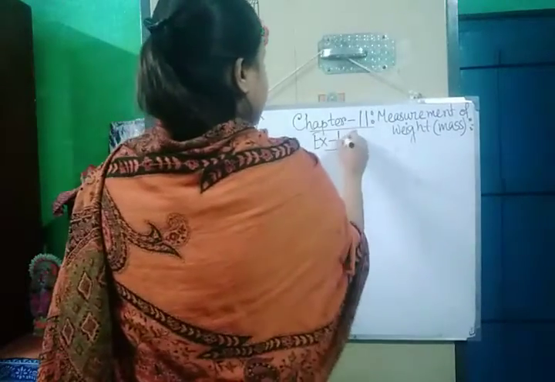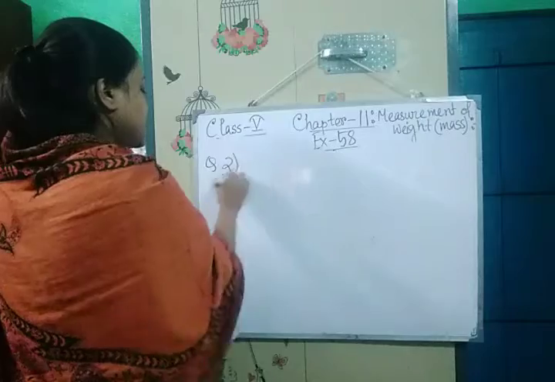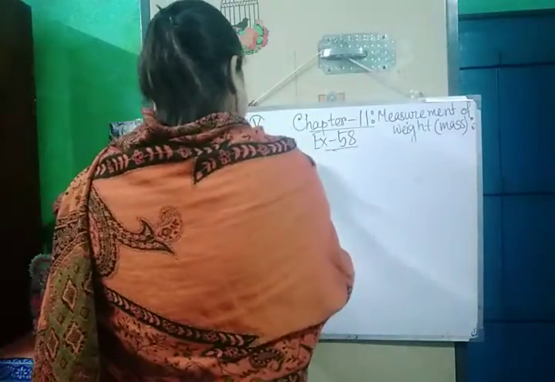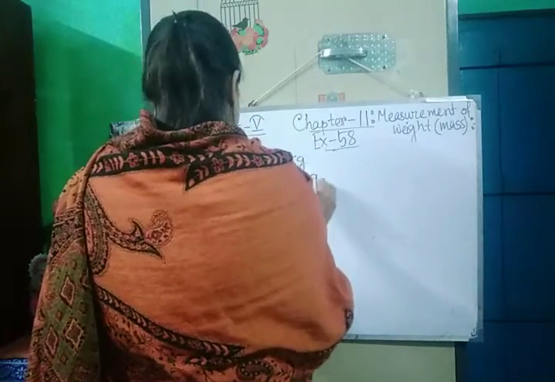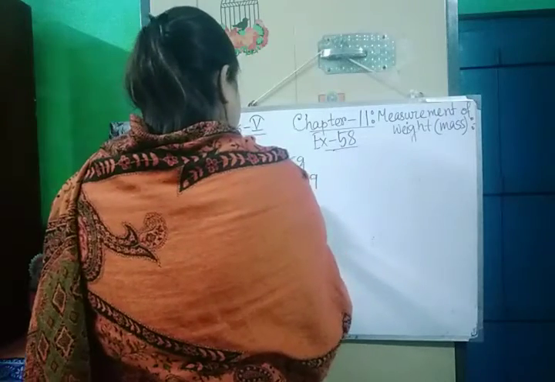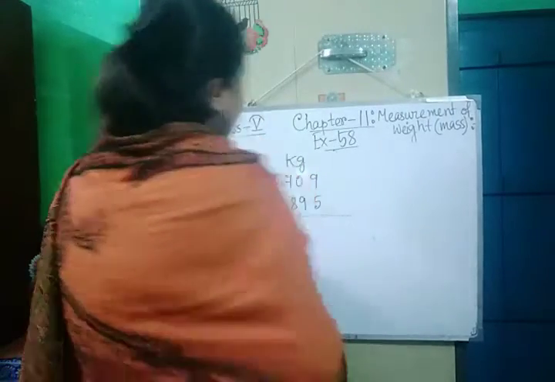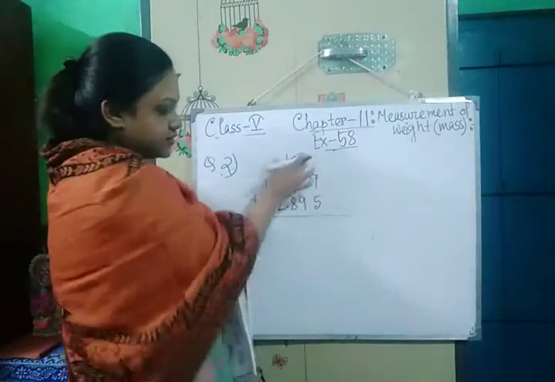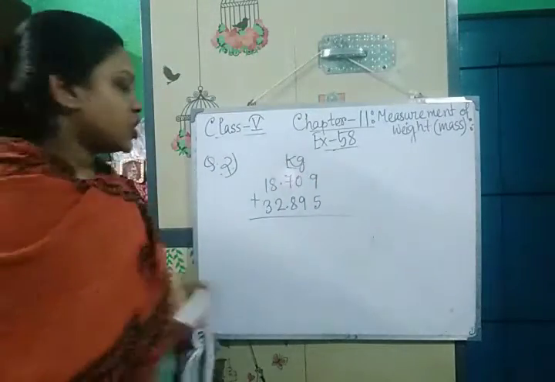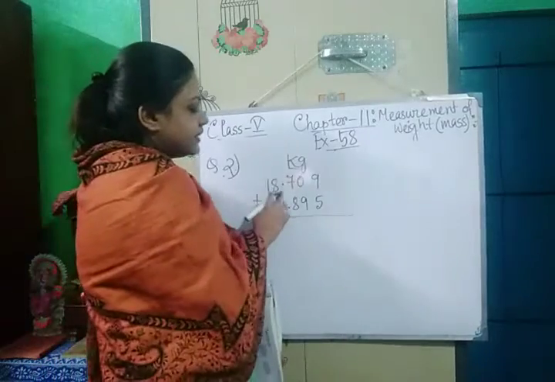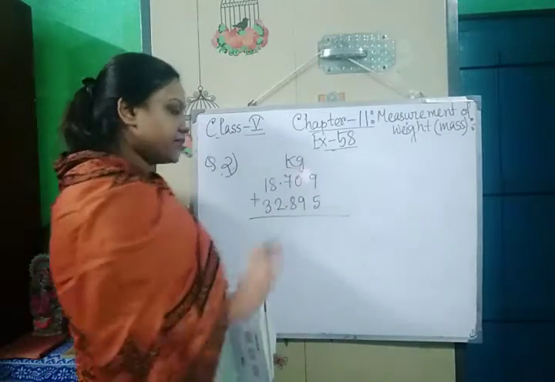Exercise 58. So question number 2 is 18.709 and 32.895. Now see, the unit is given in kg, and these are the two masses. That means 18 kg 709 gram and 32 kg 895 gram.